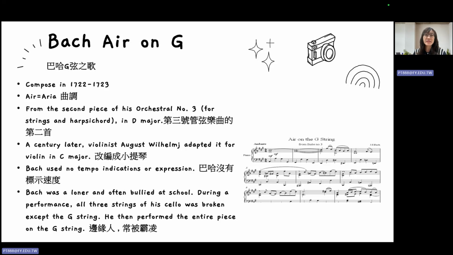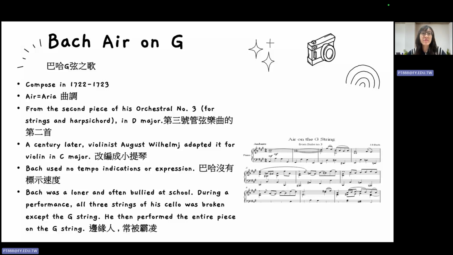So this piece is Bach's Air on G, okay, 居弦之歌. So this was composed in 1722 to 1723, and the air means aria. It means the tune or the melody, okay?